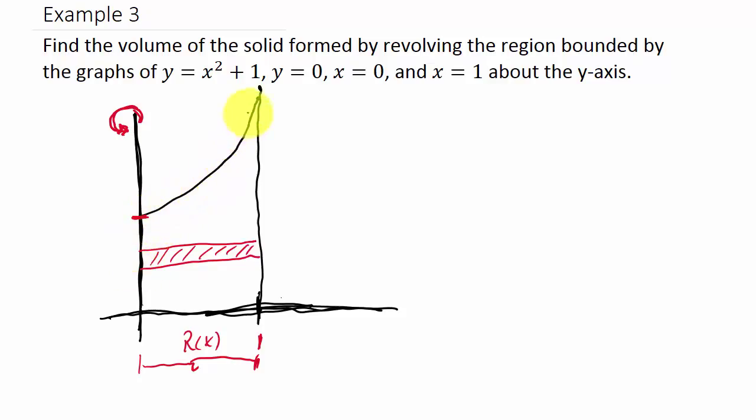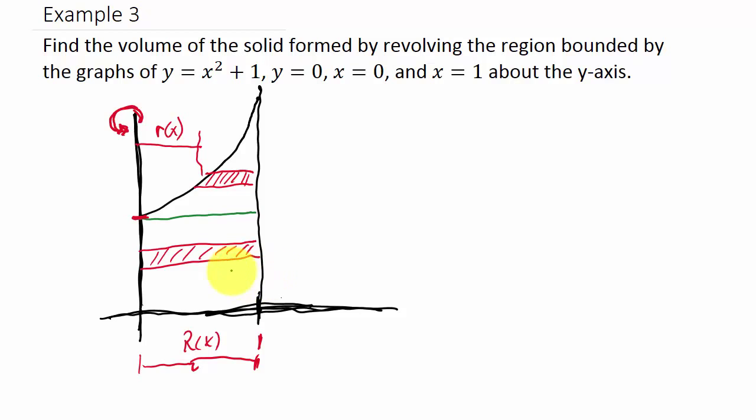But once we get here, little r changes. So what we're going to need to do is split this up into two separate regions. Okay, and so we'll need to draw us another rectangle. Okay, and this distance from here to here, that's going to be little r.